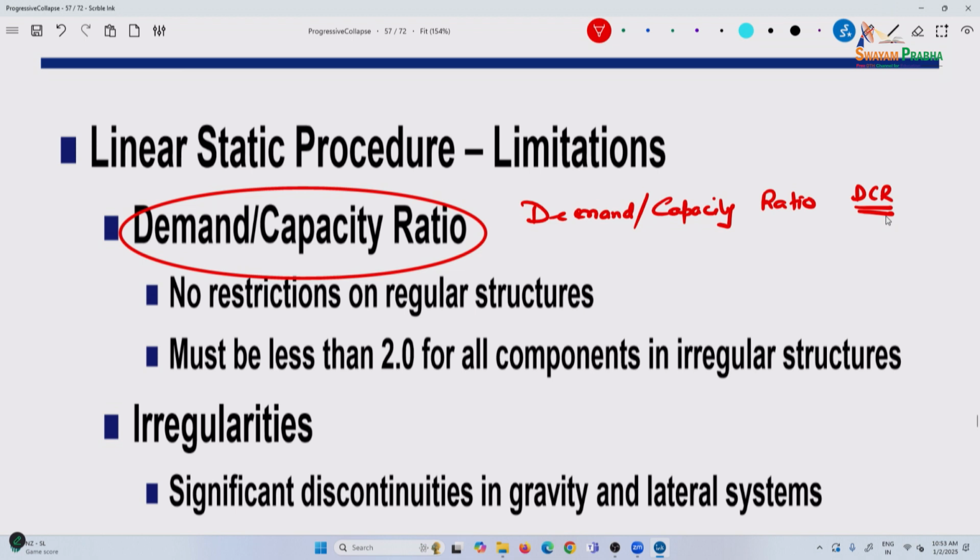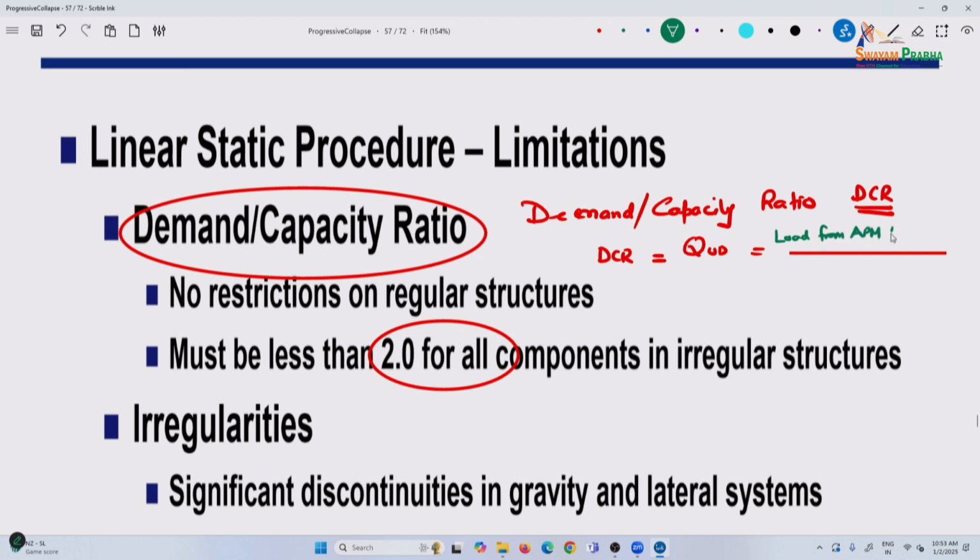I'll define a DCR in a moment. There are no restrictions on regular structures, but it must be less than. So, a DCR is, let us say, QUD, which is the load from the APM analysis of a member. This is member by member.